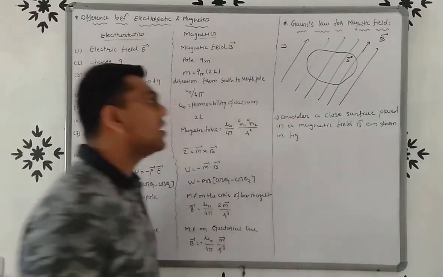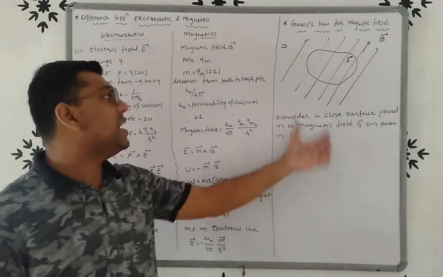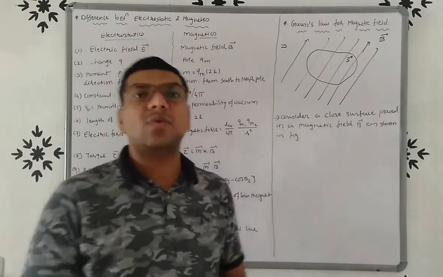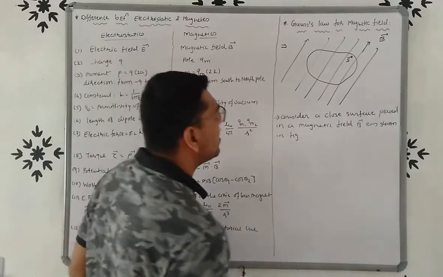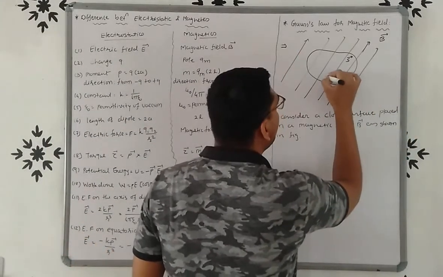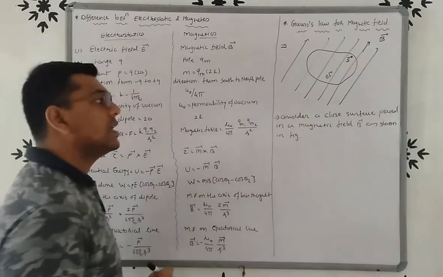Now to find out the flux, we consider one element of this surface, that is delta S, right?